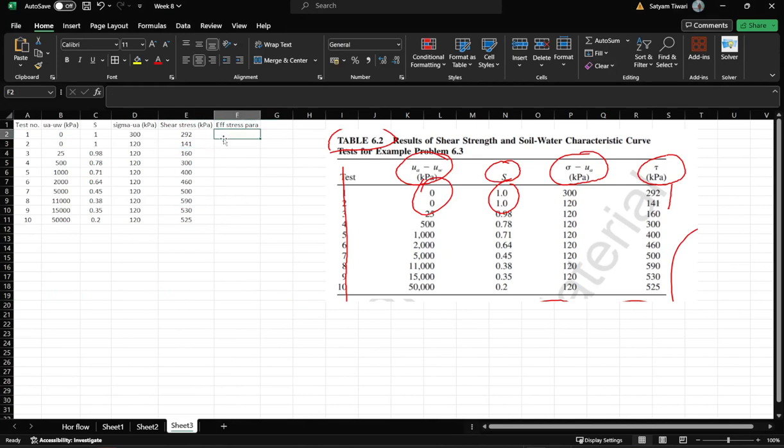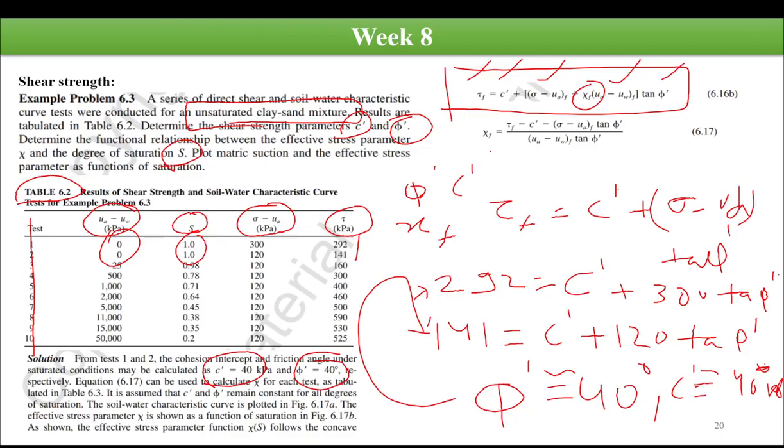Okay. So the next thing is that we need to calculate the effective stress parameter. So for the first two cases, these are for the saturated cases. So effective stress parameter will take its maximum value as 1. Then as we move further, we'll calculate the effective stress parameter based on the formula which we have seen there. And what was the formula?